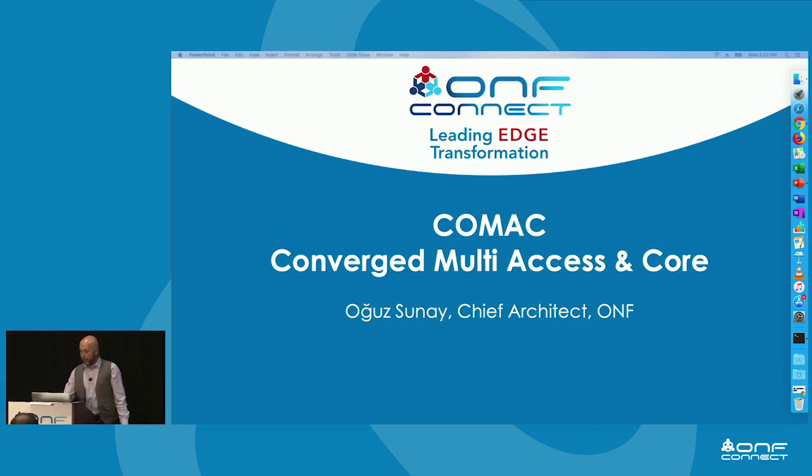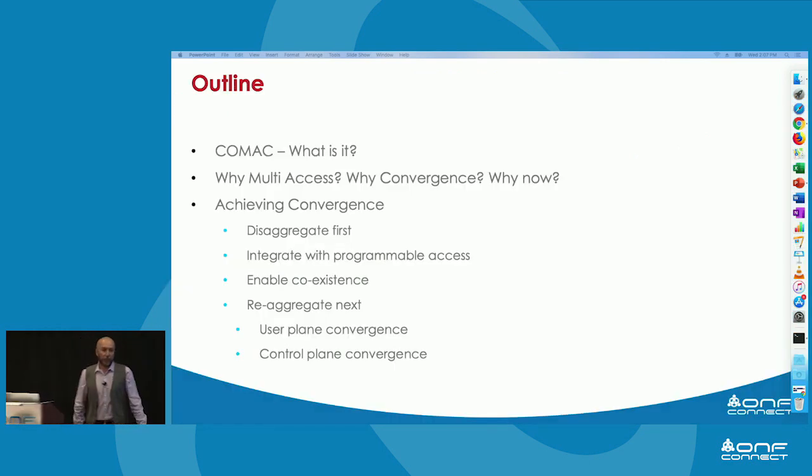In the next 30 minutes, I hope to give you some information about it. We'll start the talk by giving a specific definition of what COMAC is all about. What is the project trying to do?